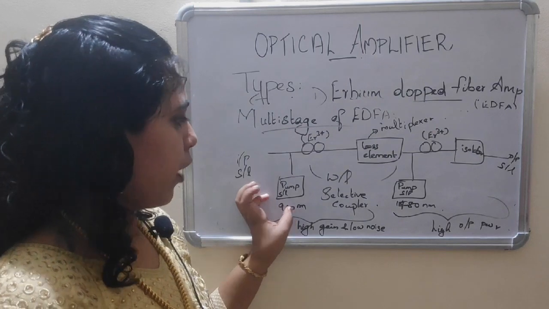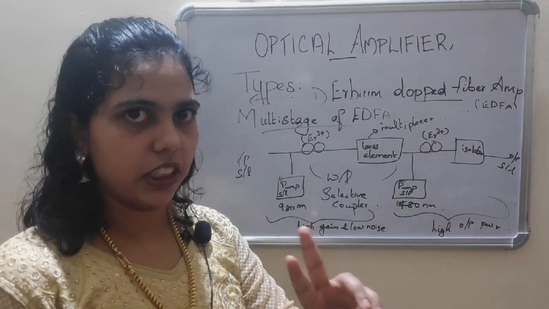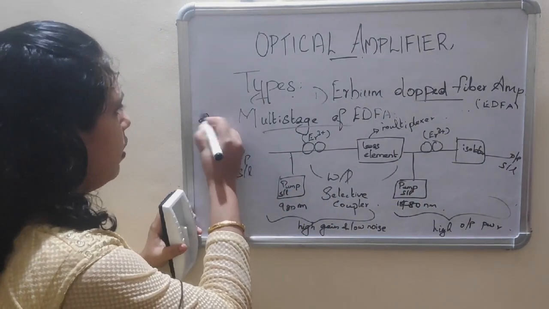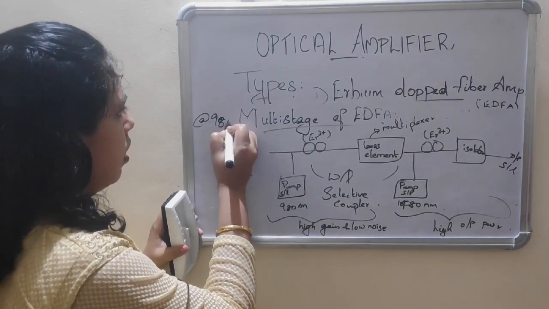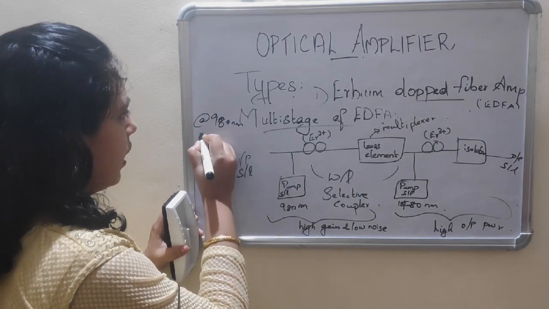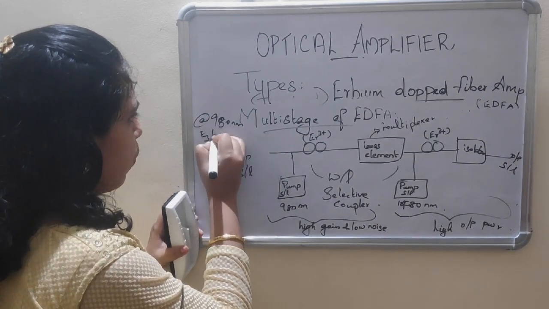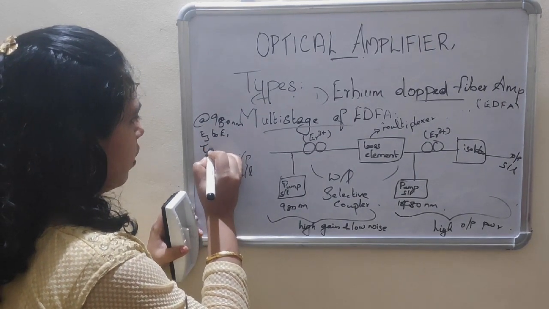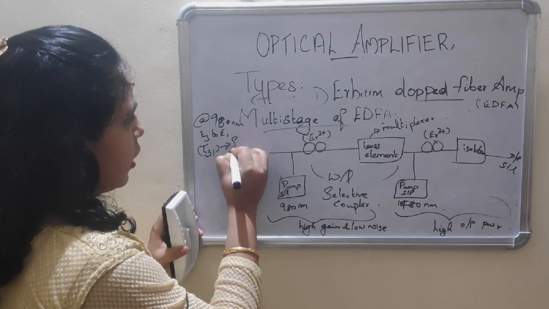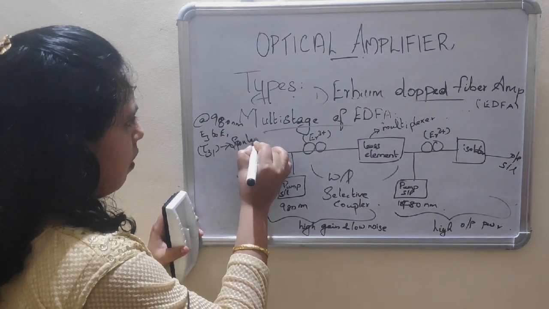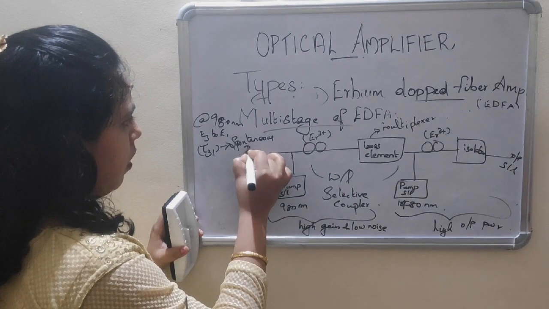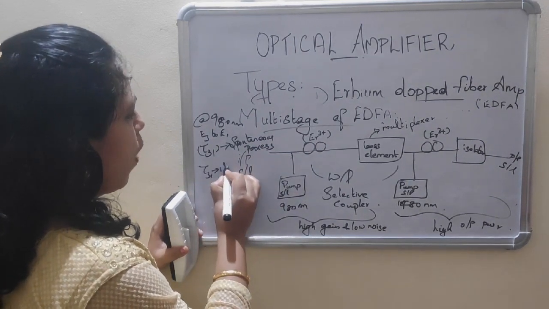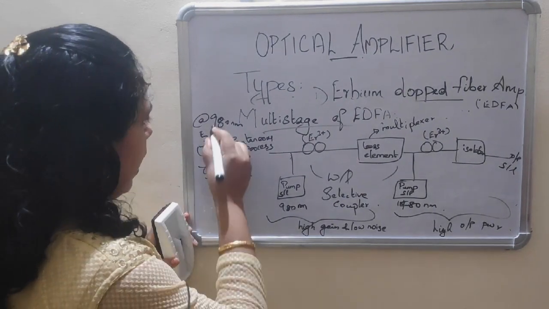So at 980 nanometer, there are two transitions. The first transition is from E3 to E1, denoted by tau 31. This is done by a spontaneous process, and tau 31 has the range of 1 microsecond.